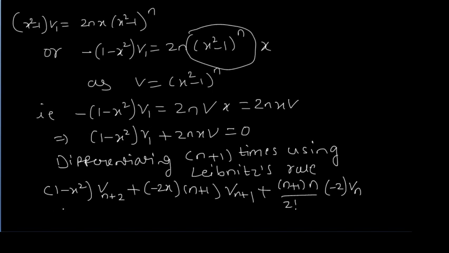Next differentiate the second one, so plus 2n is constant. Now differentiate this one: first function as it is, differentiation of v n plus 1 times is vn plus 1, then plus n plus 1 into differentiation of x, here put n is equal to n minus 1, which is equal to 0.